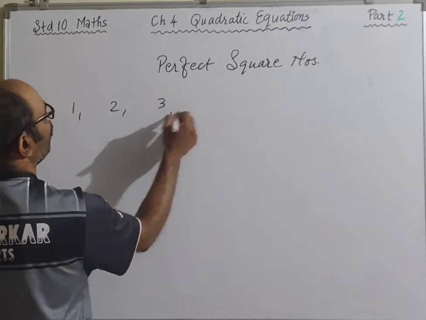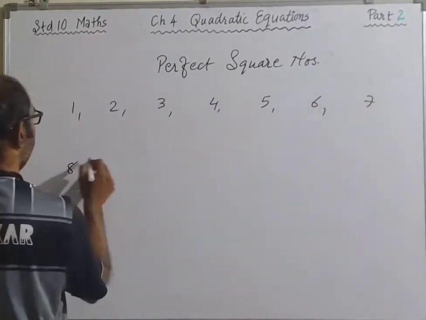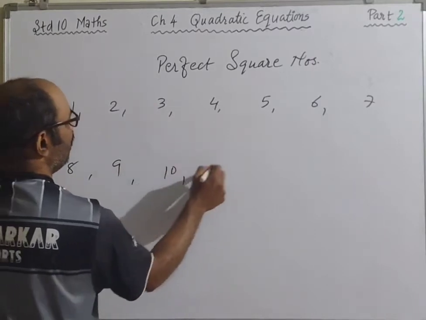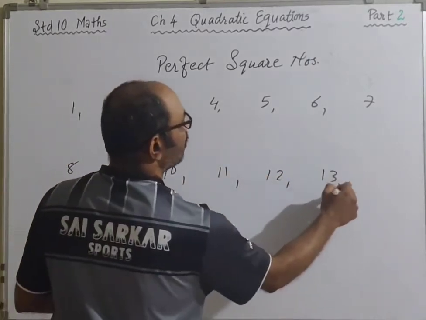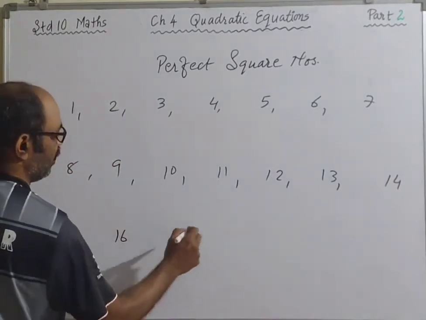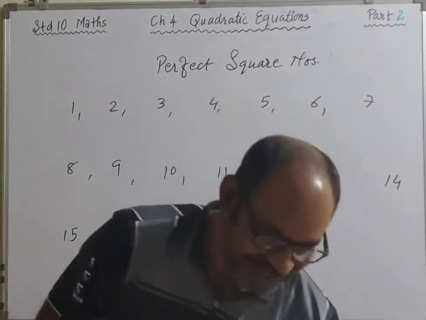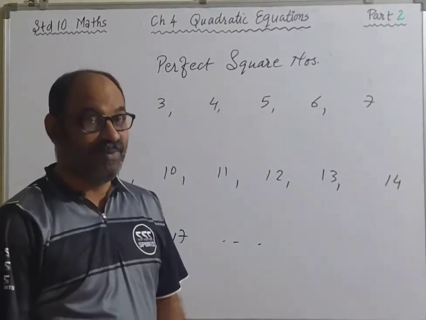1, 2, 3, 4, 5, 6, 7, 8, 9, 10, 11, 12, 13, 14, 15, 16, 17, and so on. These are numbers. Now determine the numbers which are perfect squares.